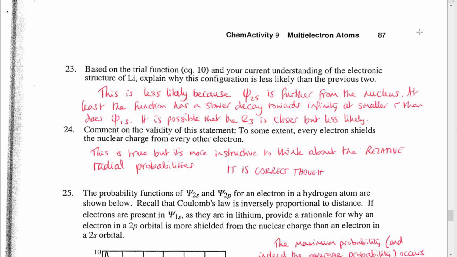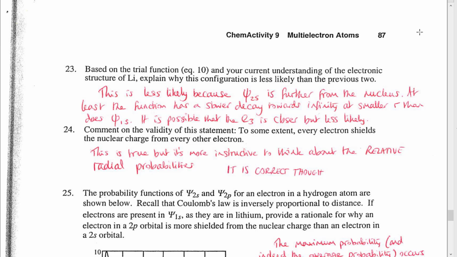So given our current understanding, based on the trial function, we've got electron 1 and electron 2 with psi 1s orbitals, and we've got electron 3 going into a psi 2s orbital. We're asked to explain why the configuration where electron 3 is closer to the nucleus is less likely.